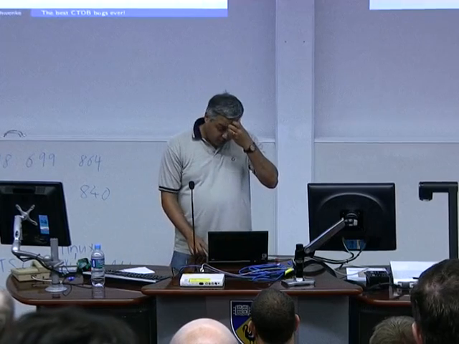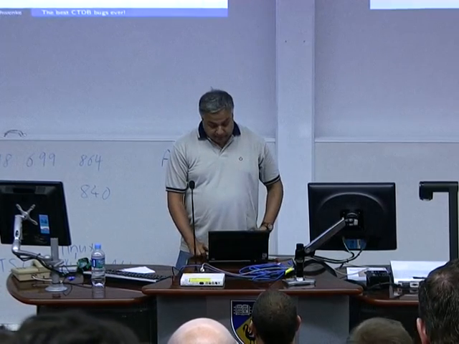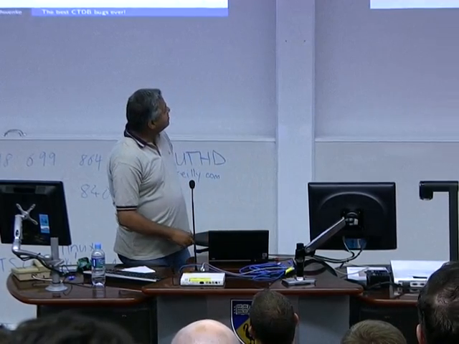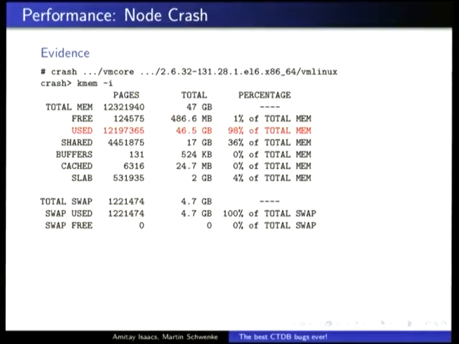That's not good, so we captured the crash dump and started looking at it. One of the things we discovered was that it's using all its RAM. So obviously it's invoking out of memory, and somehow the kernel is not able to recover and it just crashes.